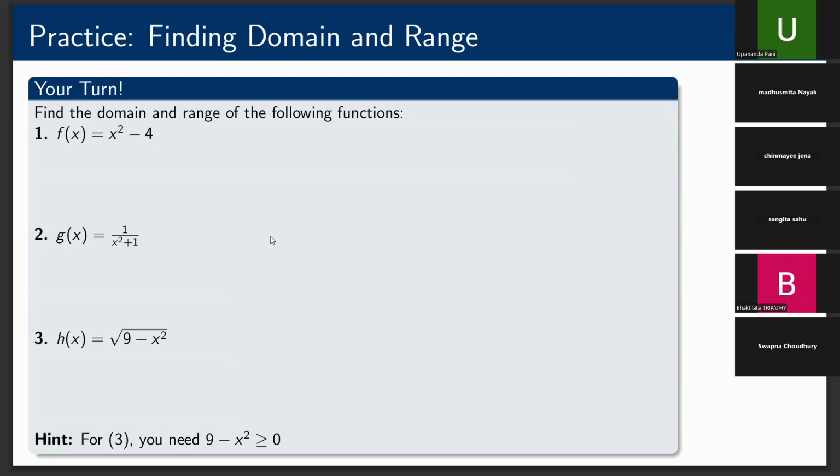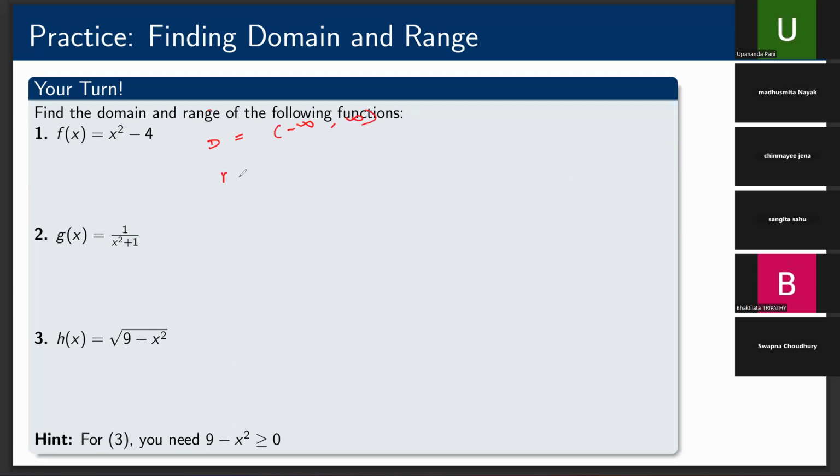So what are the possible values x can take? Here x can take any value. No restriction is there. This domain will be minus infinity to plus infinity. How to write it? Domain equal to minus infinity to plus infinity. x can take any value.